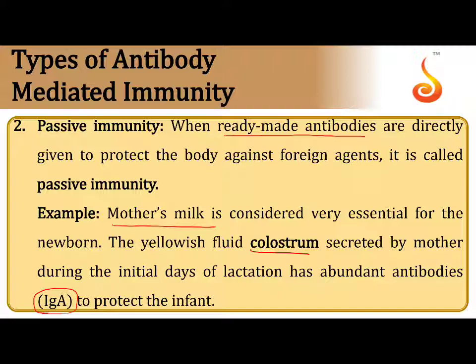One more example which we could take is when the fetus is in the womb, IgG antibody is passed from the mother to the fetus through the placenta, and this passage of IgG to the fetus is again another example of passive immunity, meaning the fetus or the child does not require these antibodies at the present moment, but in future if it comes across any kind of infection, it can immediately fight against that infection.